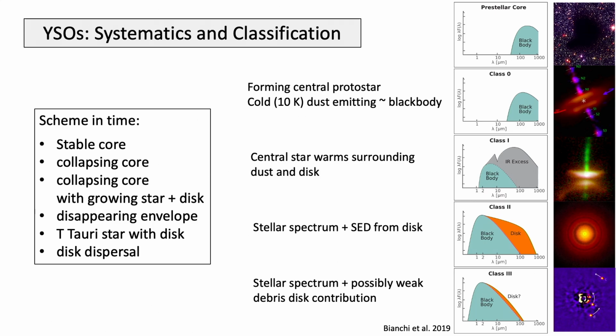And again, this is a classification scheme, class 0 here, called black body. Class 1, you begin to see a disk and the inner warm region. And then class 2, where the optical star becomes visible, and the disk, and the class 3 stage after the disk dispersal, when we hopefully have a planetary system.